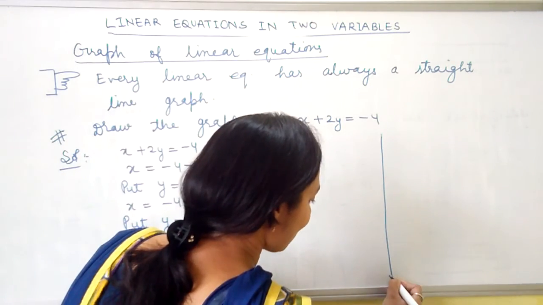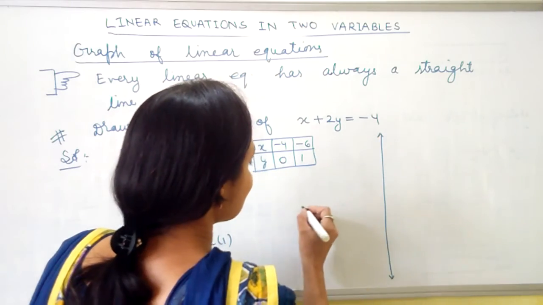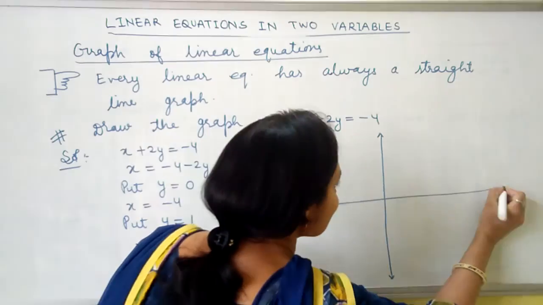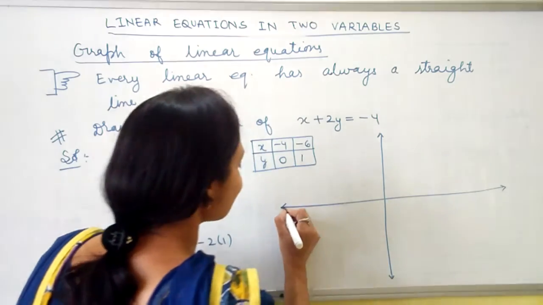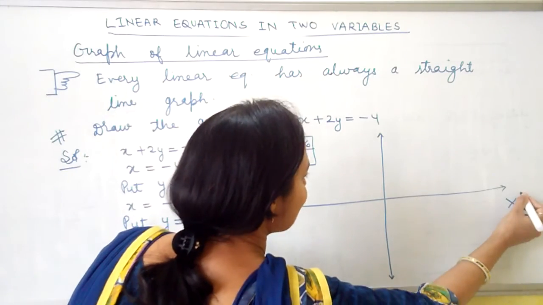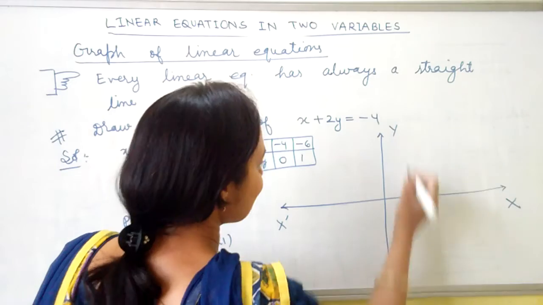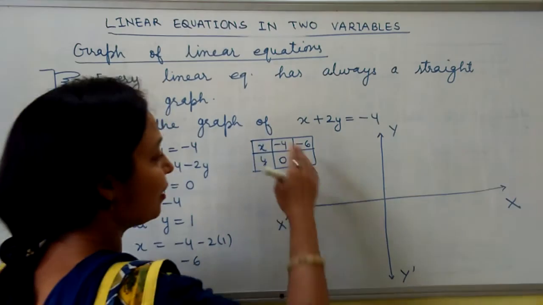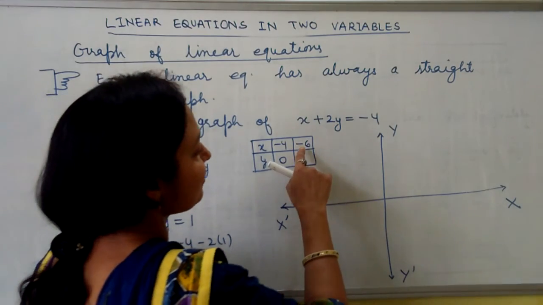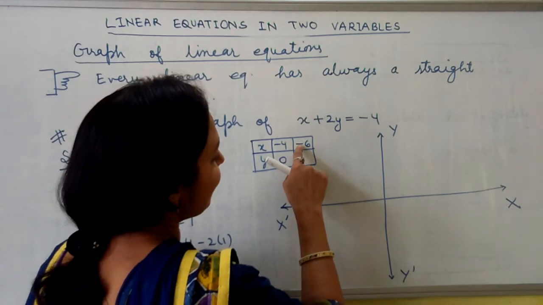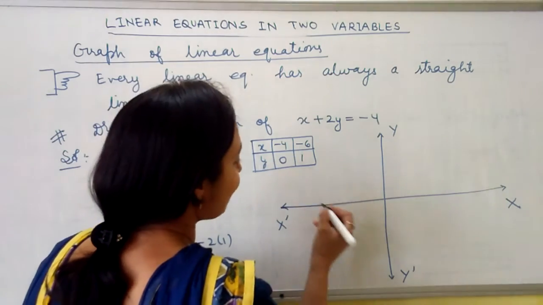This is the way to draw the graph. There is the x axis and here we have negative x, y and negative y. Take the numbers from minus 4 to minus 6, up to minus 6.